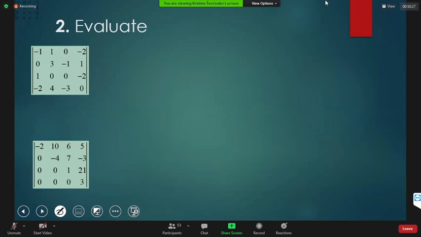Next, evaluating these determinants. Let's start with the second one, the 4 by 4 determinant. Let's see, we have 3 zeros here in the first column. Let's remember the sign diagram: plus, minus, plus, minus, minus, plus, minus, plus, plus, minus, plus, minus, minus, plus, minus, plus. So if we expand it through the first column, we only use the first element because the rest are zeros.